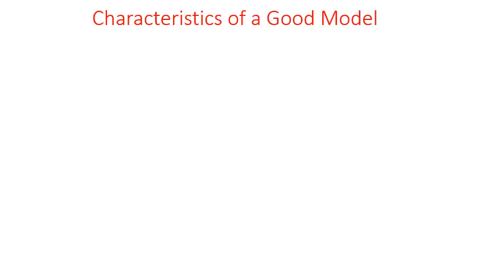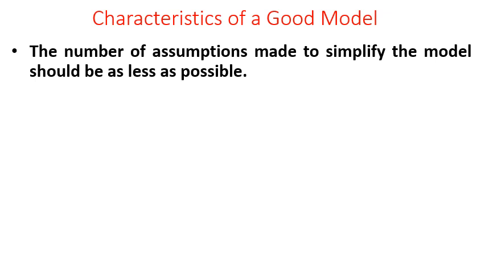Let us see what the characteristics of a good model are. The first characteristic is that the number of assumptions made to simplify the model should be as few as possible. With too many assumptions, the distance between reality and the model will be wider. You want the constructed model to be as close to reality as possible, not far apart.